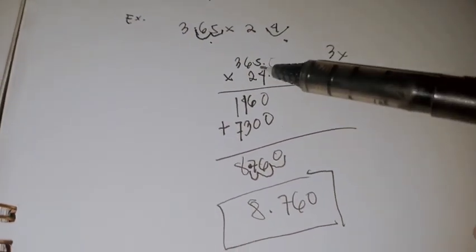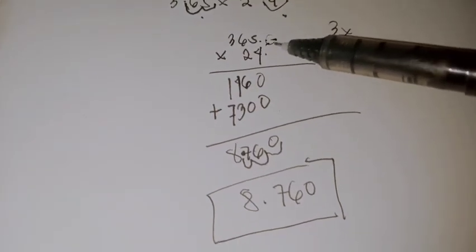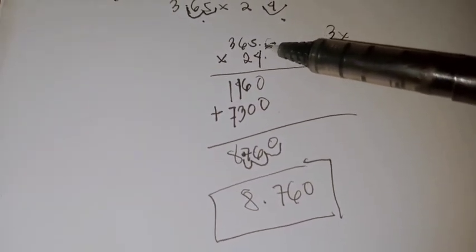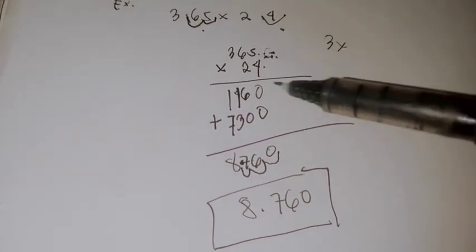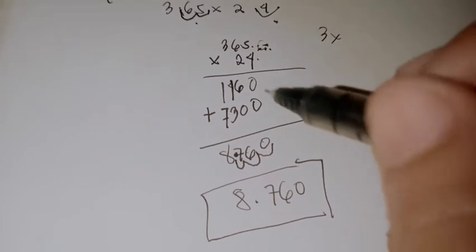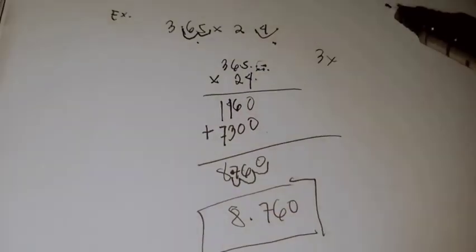And why do we get the same answer when we multiply this? Because we move the decimal point by the same amount. So that's all.